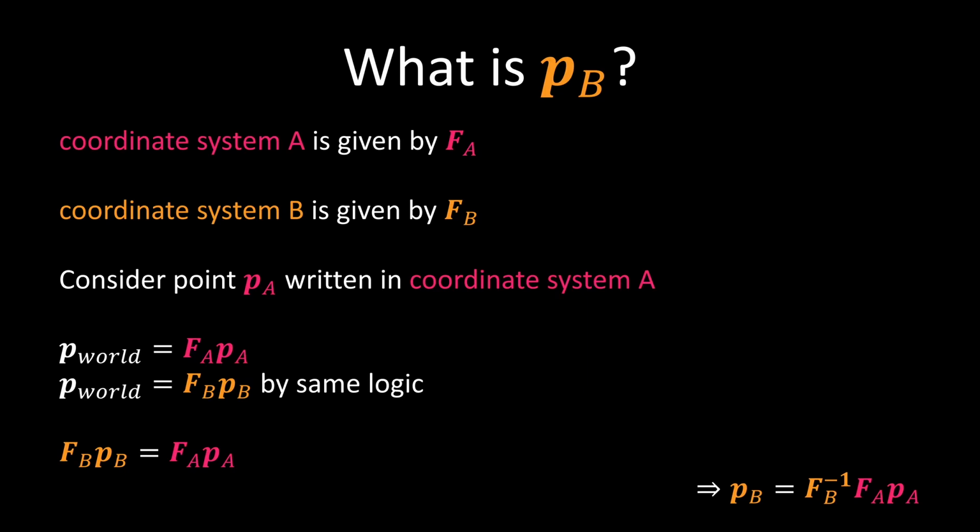But if you don't want to think about that, you can just believe this equation in the bottom right, which is that to get P B, we first multiply F A by P A, and then multiply F B inverse by the result. So remember the order of matrix multiplication. If you get that wrong, this is just not going to work out.